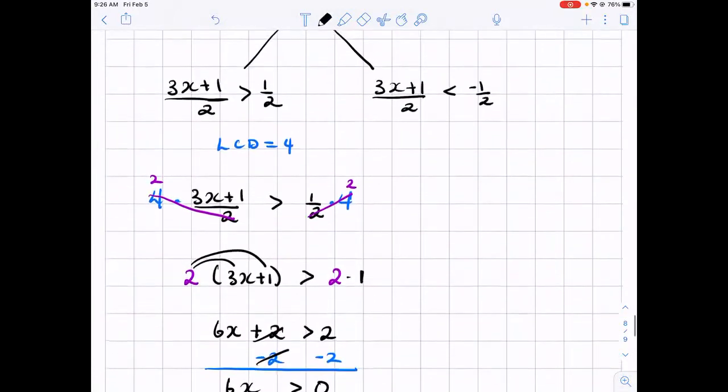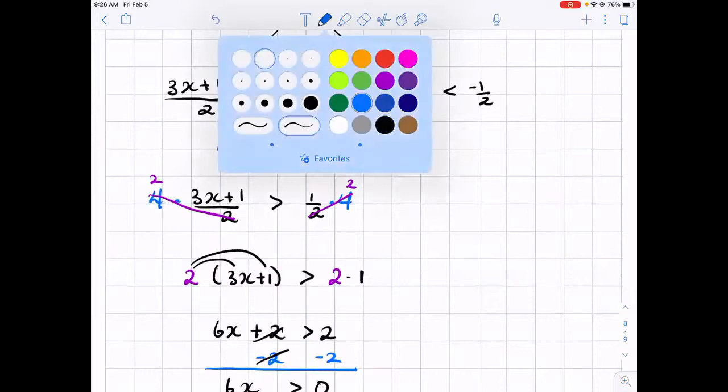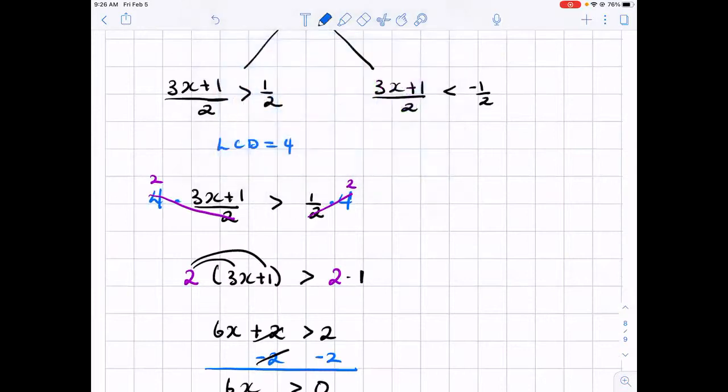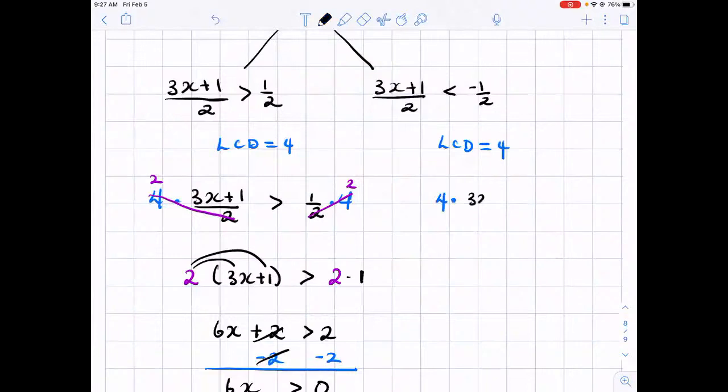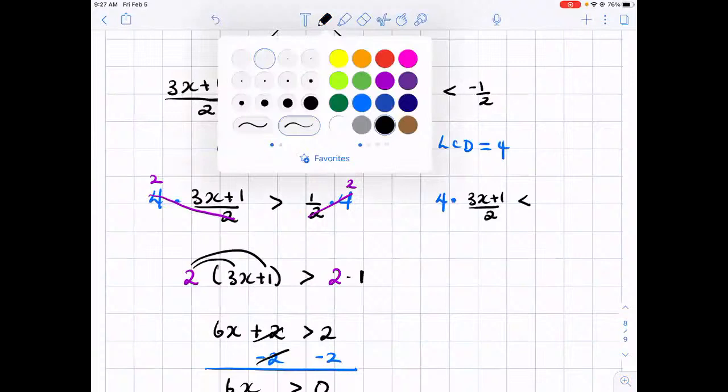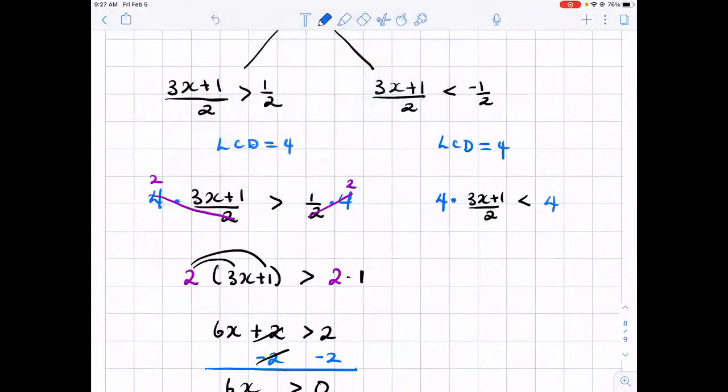Now, if we do the same thing on the other side, we see that the LCD is equal to 4 also. So if we multiply both sides by 4, we have 4 times (3x plus 1) over 2 less than 4 times the negative 1/2.